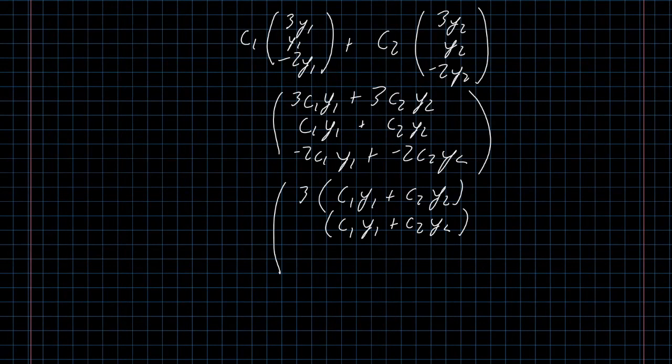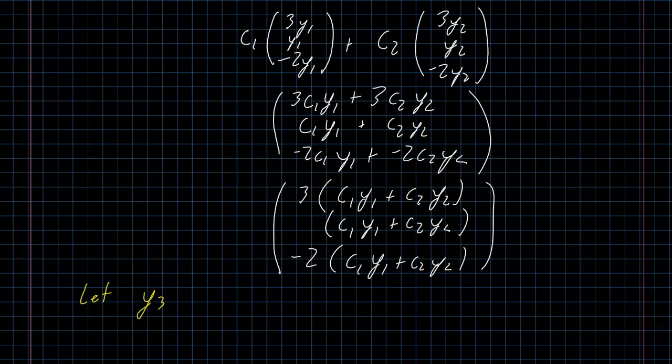And notice that I can group together a c1y1 plus c2y2 in all three terms. And technically speaking, that's actually all I need. But I think it becomes a little bit more obvious if I introduce a new variable. Let's let y3 equal c1y1 plus c2y2.